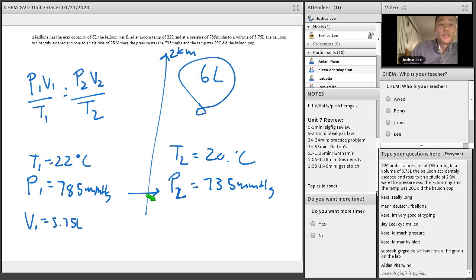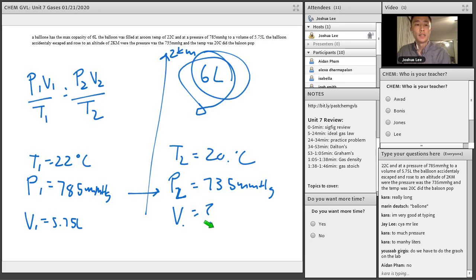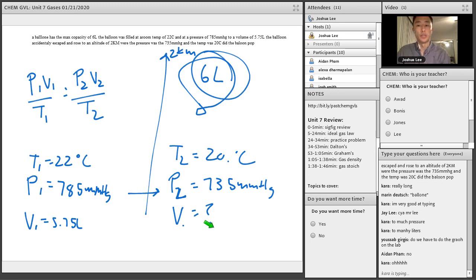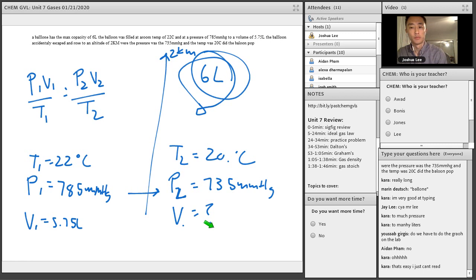So in this case, we will know the balloon will pop if the volume is greater than 6, because the max volume is 6. So you have 2 temperatures, 2 pressures, and you're solving for V. Does that make sense now?